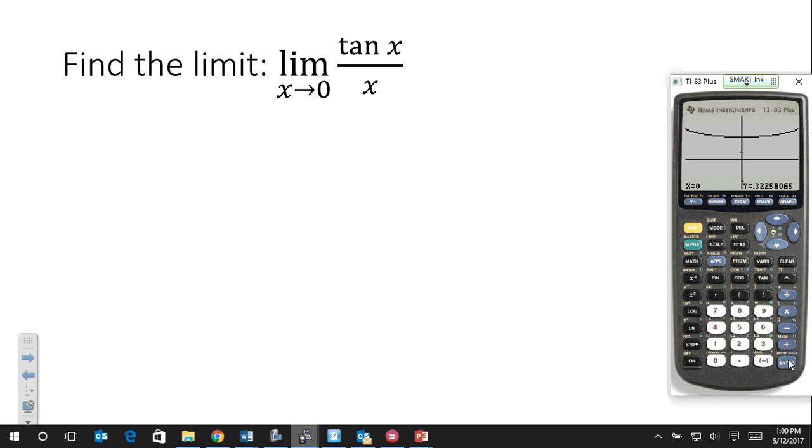And now you can see a little bit more of the detail of what it was doing when x was 0. Make sense? And you can use your trace function to move. I'm tracing, and when I'm here, I'm at 1, 1. As I get further away, though, it's going to start to climb. Okay?